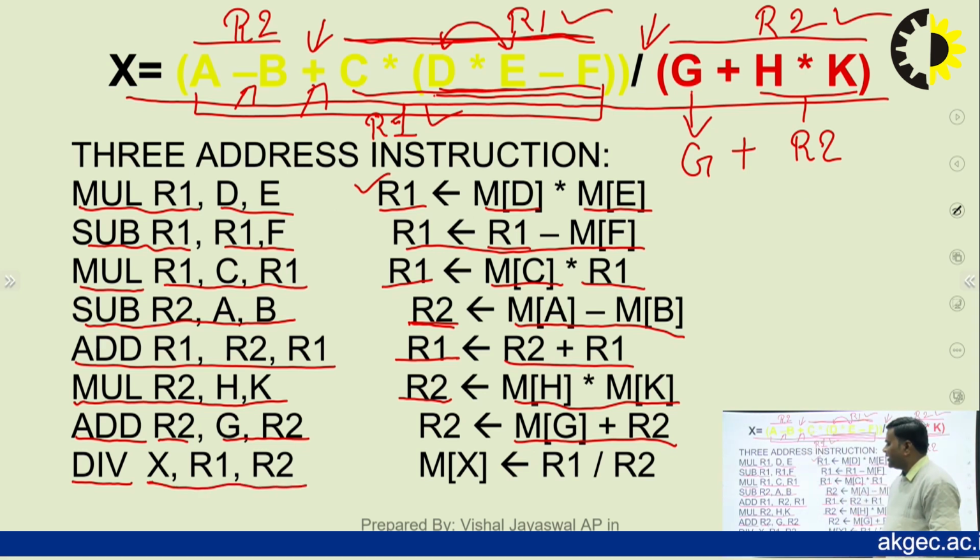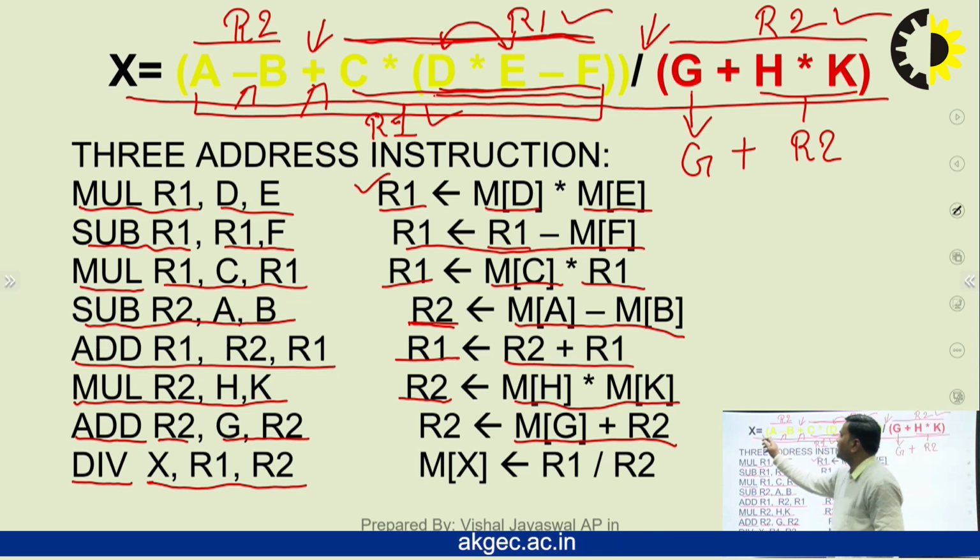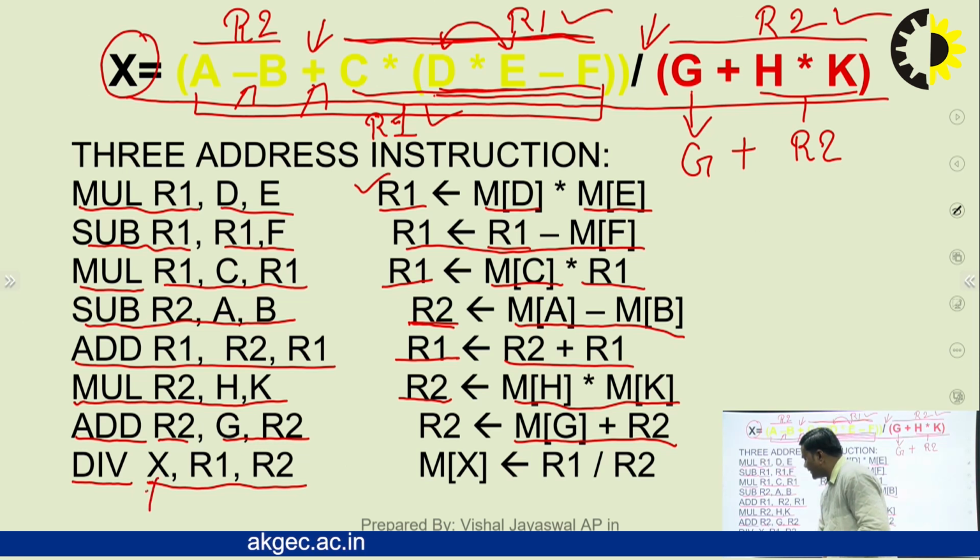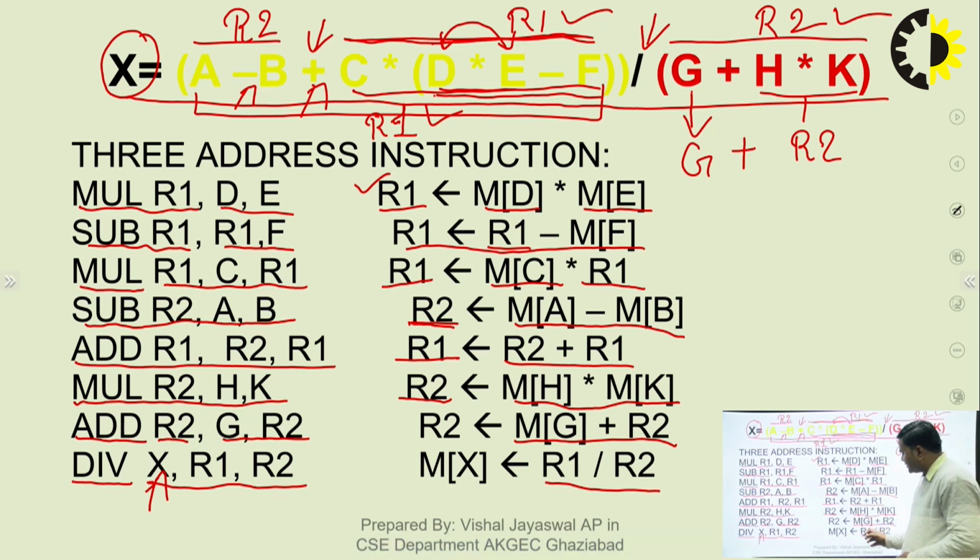It means we are going to divide R1 by R2 and store the result in X, because our whole result is stored in X. So div X comma R1 comma R2 means R1 divided by R2, and the result is stored in M of X, the memory location of X. In this way we are solving with 3 address instructions.